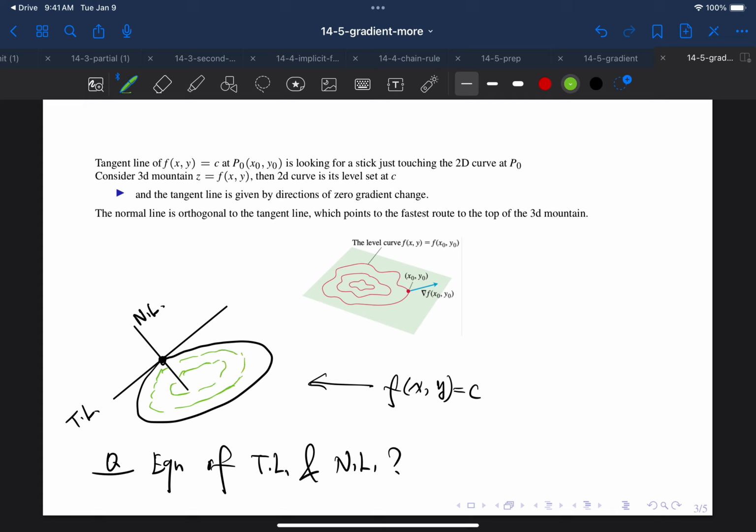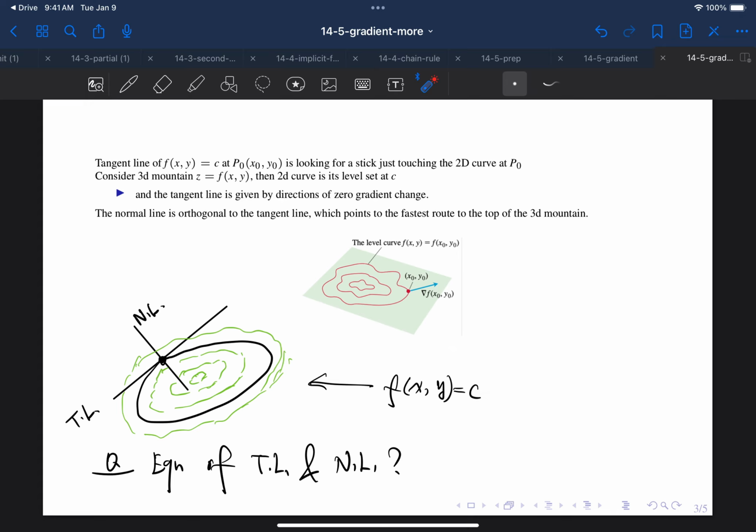When these curves shrink to a point, it goes to a valley, the bottom of the surface. And if they expand, then the level set is increasing its height. Then what is the interpretation of this curve f of x, y equals c?